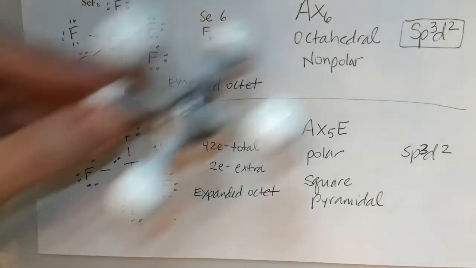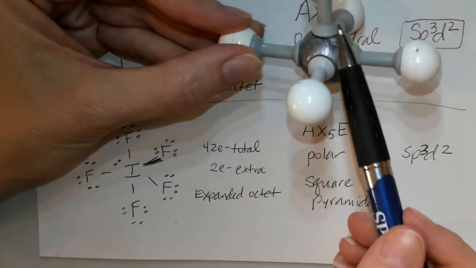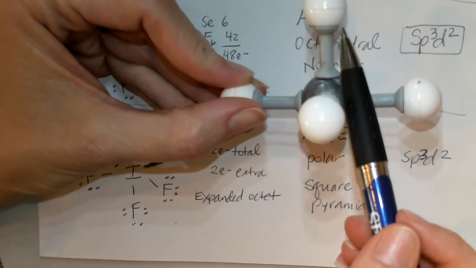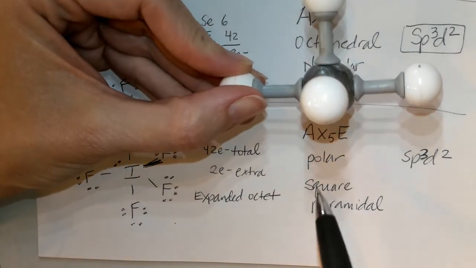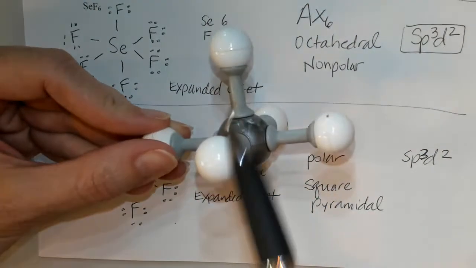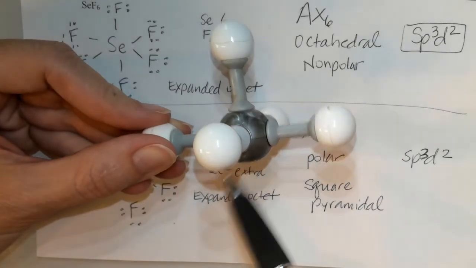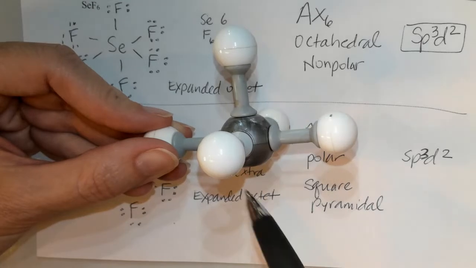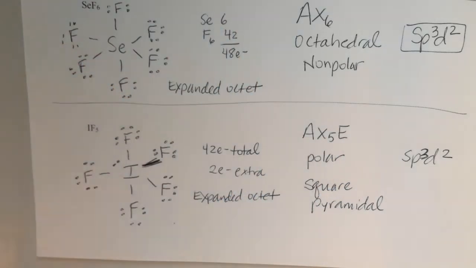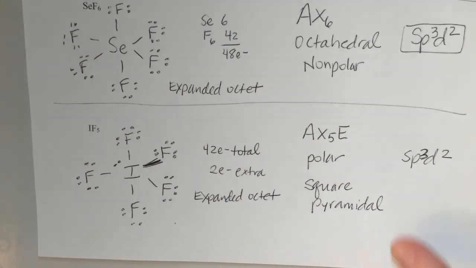Because we have fluorine pulling up but nothing pulling down, overall this should be a polar molecule, with more of the electron density sitting up here rather than below. So we'd have a negative end and a partial positive end. So polar molecule for IF5.